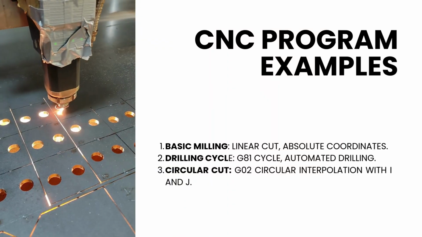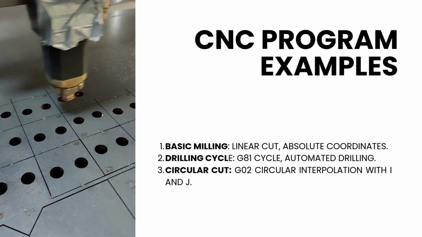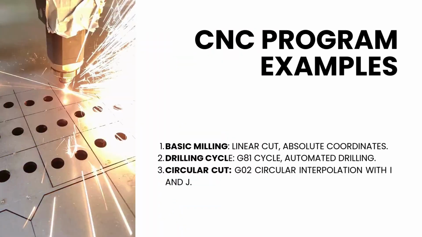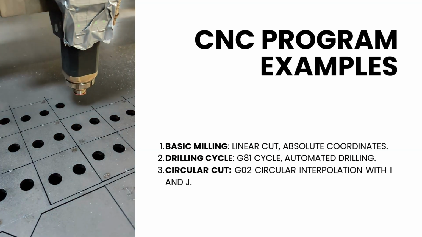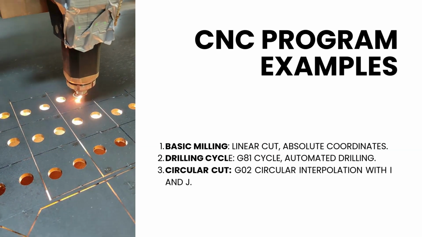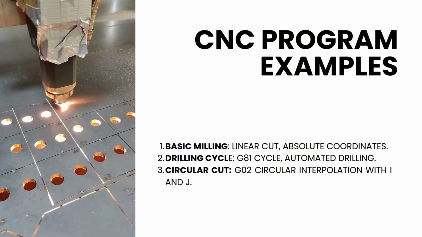Here tool 3 is selected, and G02 commands a clockwise circular movement. The I and J values define the center of the circle relative to the starting point. This is commonly used for machining circular pockets or rounded features.